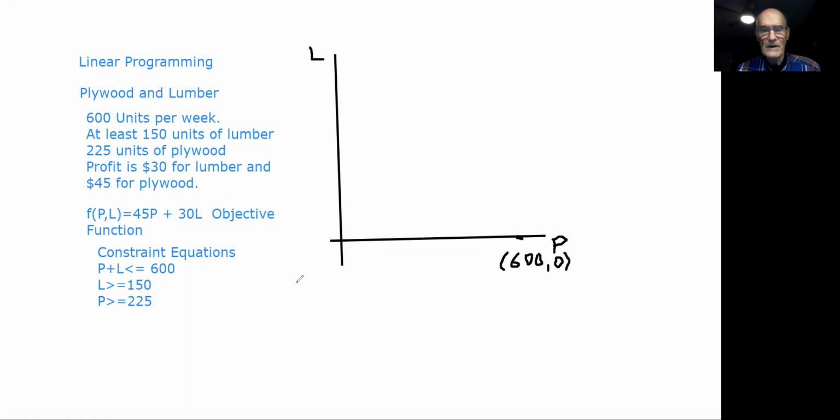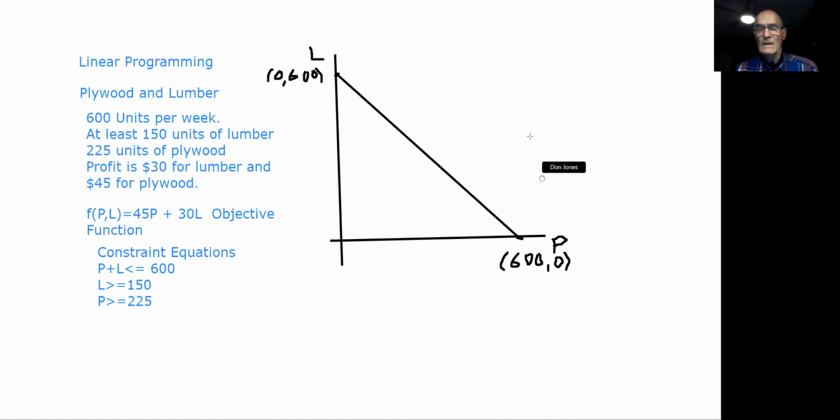By the same token, if I let P be 0, then I would have a point up here somewhere, which is 0 comma 600. So this constraint equation is linear, and I would draw my equation from here to here.